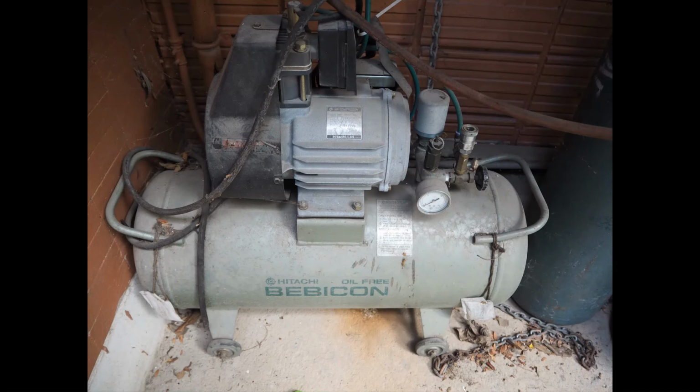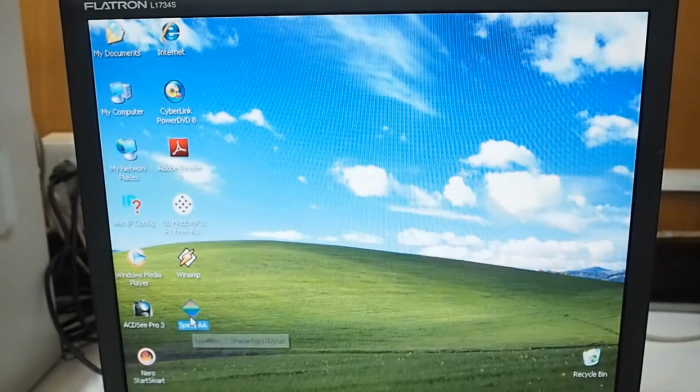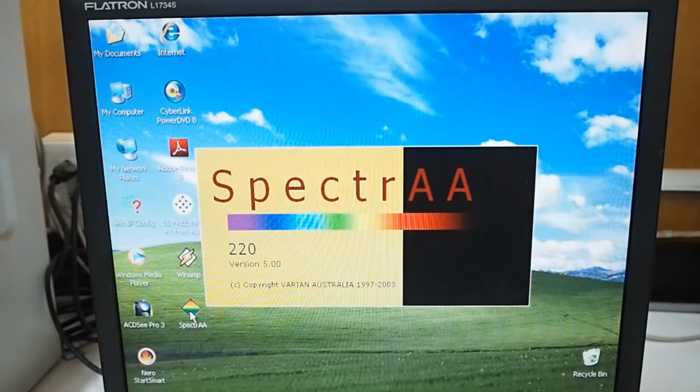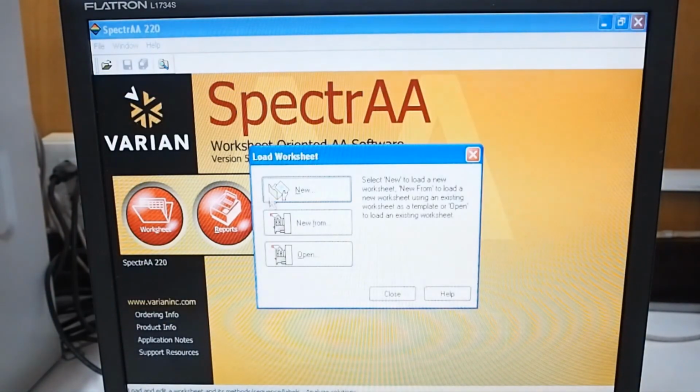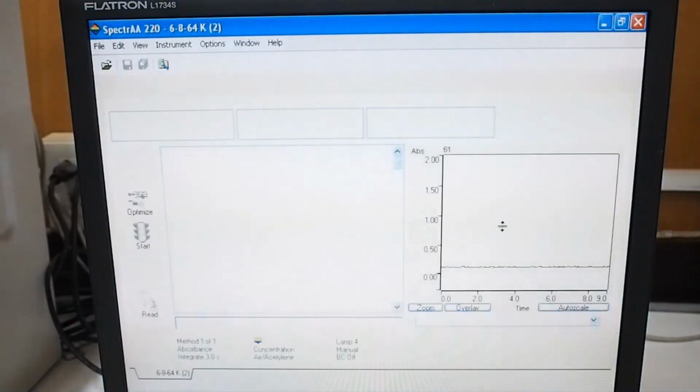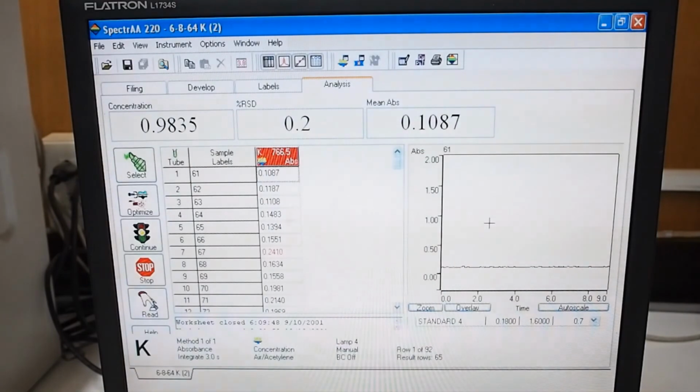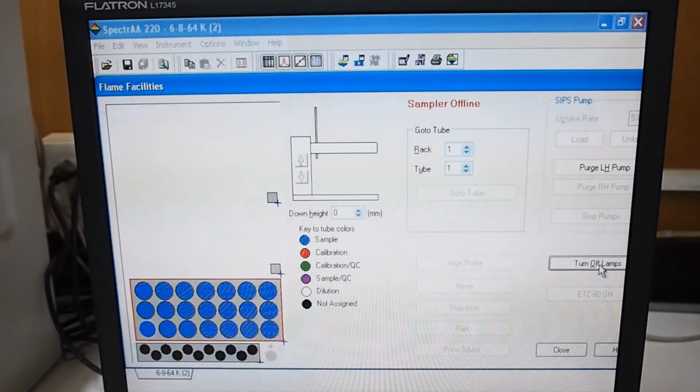So we'll prepare the standard set and read the absorbance, and we will plot the graph of the absorbance and concentration. And after that, we will analyze the sample, and we will get the absorbance of the sample, and we will calculate the concentration of the sample using the linear equation.